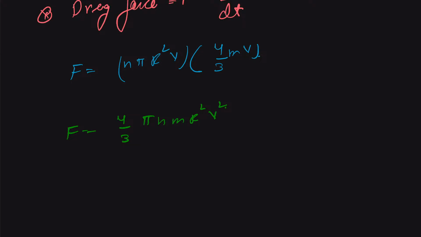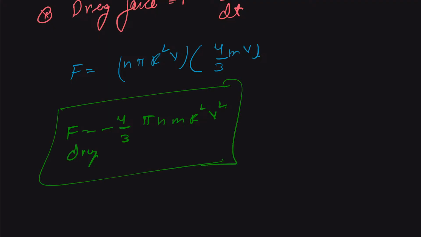This drag force will be in the opposite direction, so we can say F drag. So this is the equation for our drag force, because it will be acting in the opposite direction of the motion.